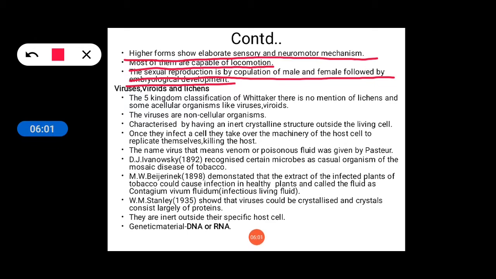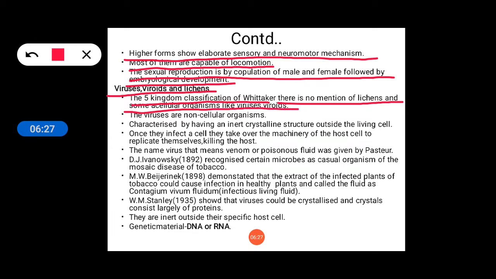The next topic is viruses, viroids, and lichens. Let us see what these are. In the five kingdom classification of Whittaker, there is no mention of lichens and some acellular organisms like viruses and viroids.